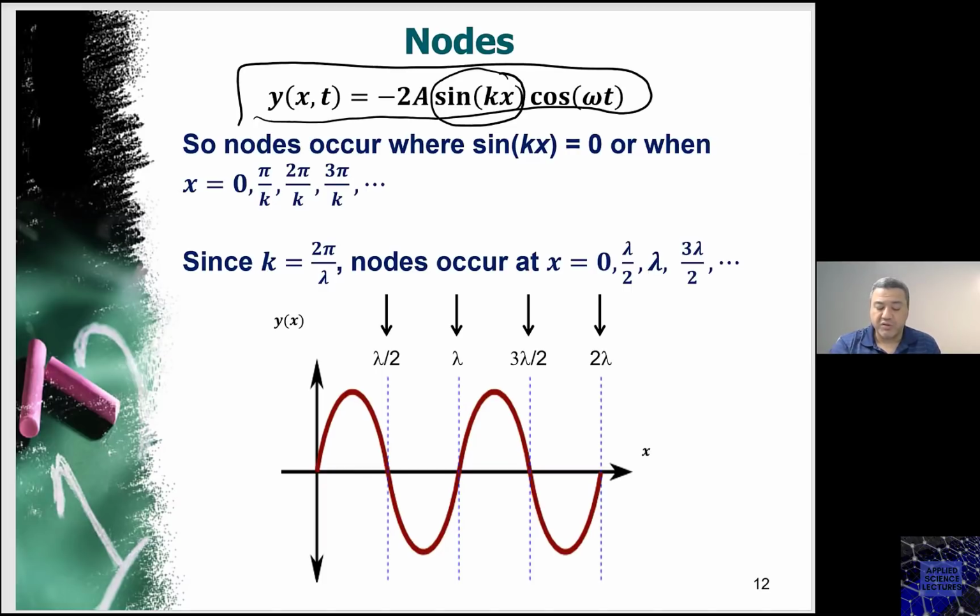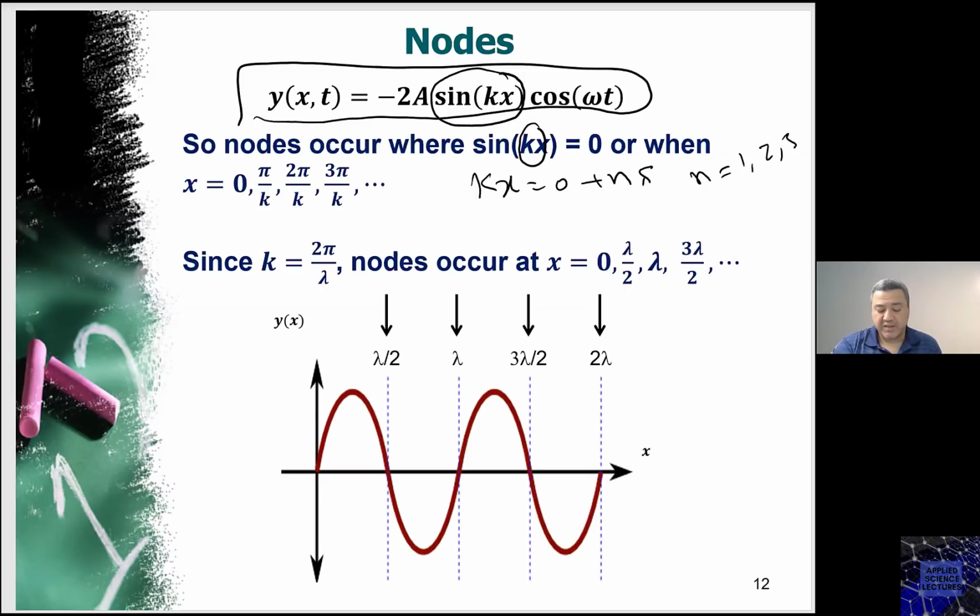So those nodes are zero when kx is satisfying the sine here. The sine is zero when kx is 0 plus nπ. And in this case, n takes 1, 2, 3, 4, and so on.